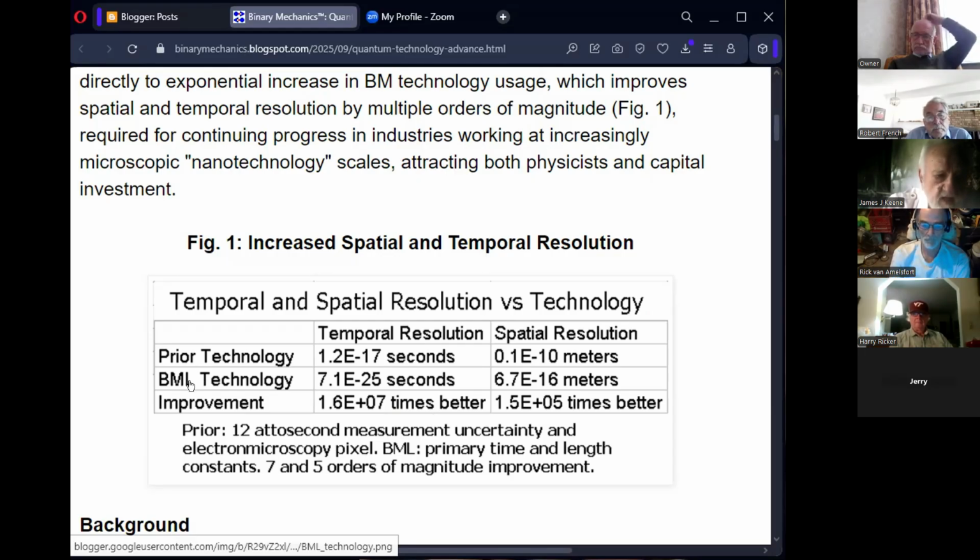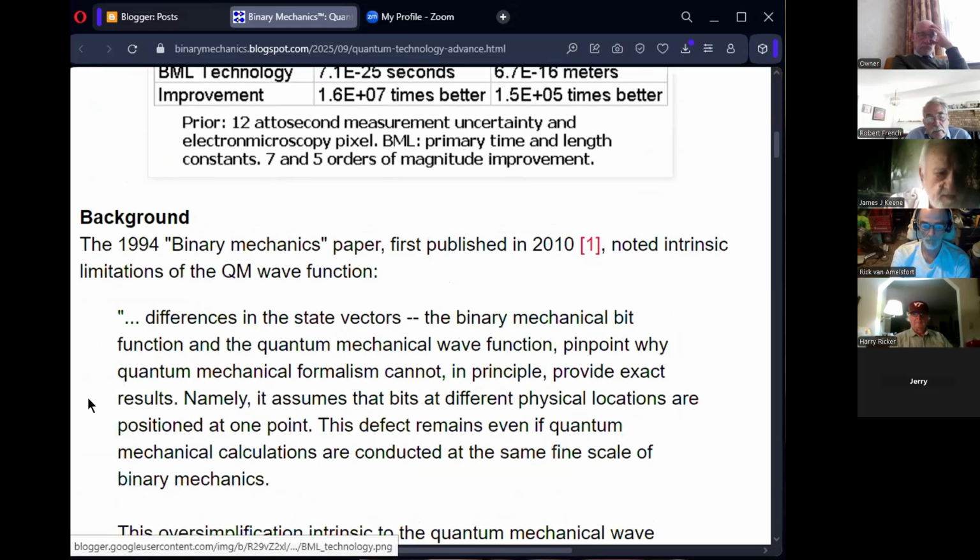With BML, Binary Mechanics Lab technology, here are the Keene scale constants, primary constants for time and length, and the improvement is many orders of magnitude better than the current technology. So that's the basic increased spatial and temporal resolution available these days.